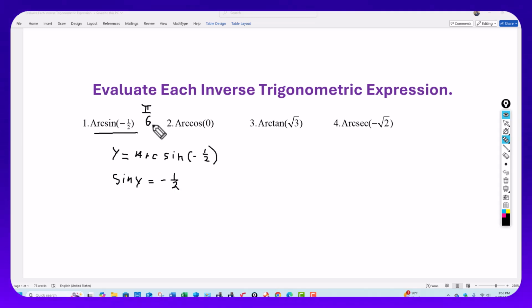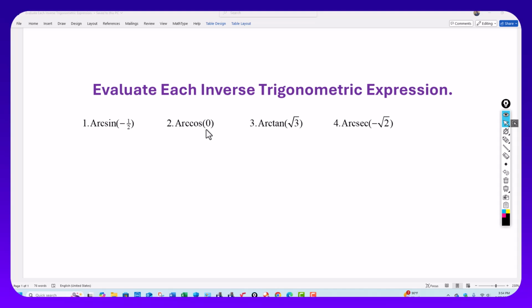So we need to find an angle between -π/2 and π/2 that has a sine of -1/2. That would be -π/6. That's in that interval, and there's only one answer for this one. This is restricted to that interval from -π/2 to π/2.